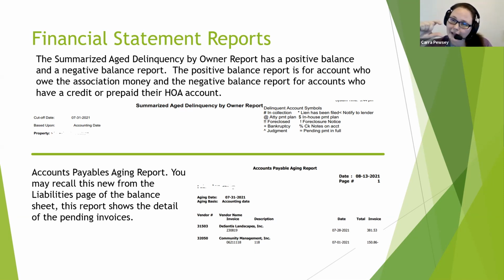And then at the bottom, some associations have what we call 9 accounts. It will be a full account number and then a little 9 at the end. Those are accounts that are either pre-bankruptcy, so something we're very likely not able to collect on, that we separate out from the main account, or it's an owner that has foreclosed or gone into bankruptcy that has a personal liability to the association for those funds.